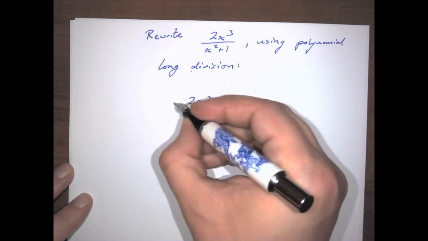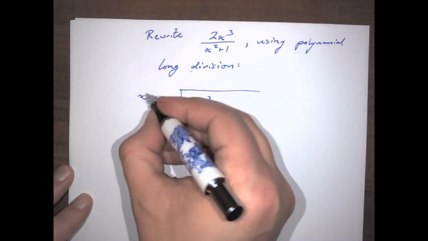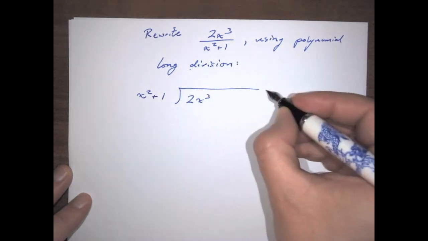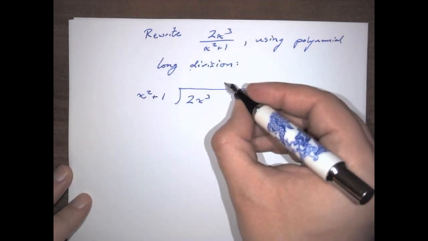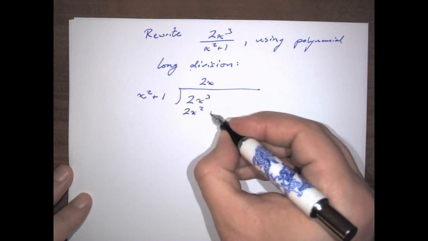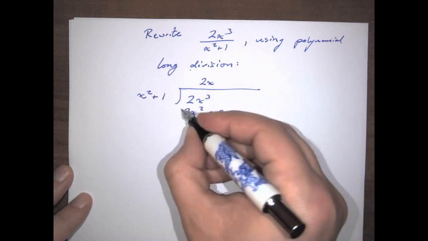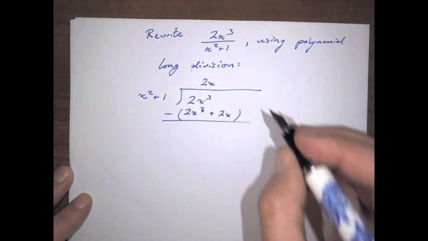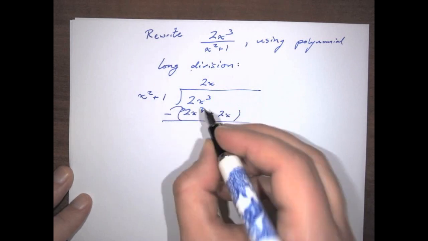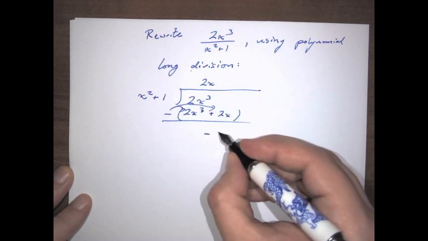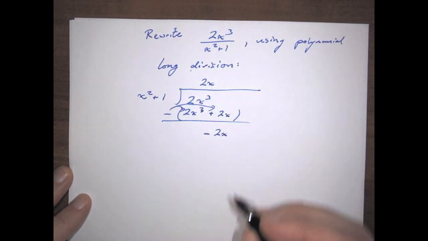So 2x cubed divided by x squared plus 1. First off, here you ask yourself, what do I have to multiply an x squared by in order to make a 2x cubed? And the answer is 2x. That's going to make a 2x cubed plus 2x, and that you subtract, just like with regular long division, numerical long division, and then when you subtract these, you're going to get a negative 2x.